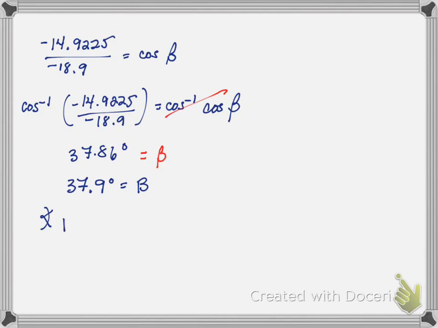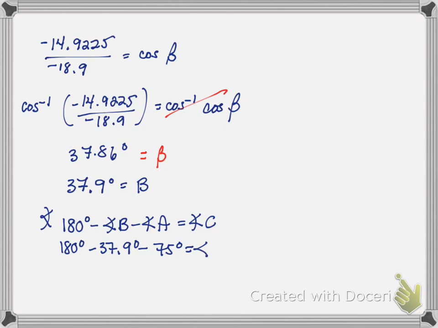So being that said, I can say that 180 minus angle B minus angle A will give me angle C. So let's plug in some values. 180 minus 37.9 degrees minus angle A, which is 75 degrees, equals angle C. Angle C, therefore, is equal to 67.1 degrees. And I can check to make sure that angle A plus angle B plus angle C equal 180. And that's it.